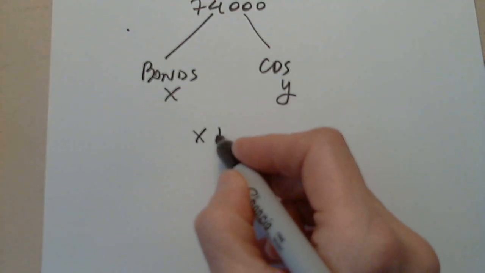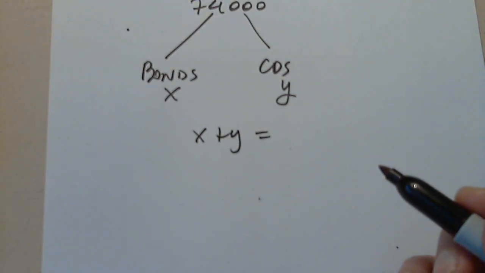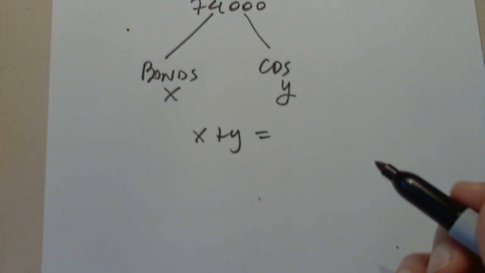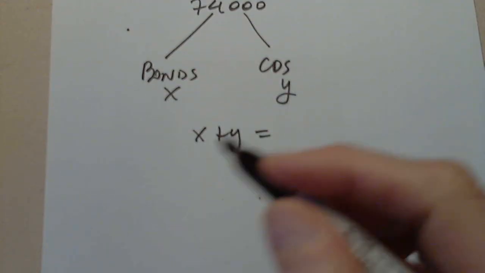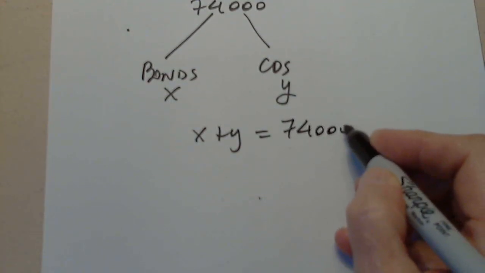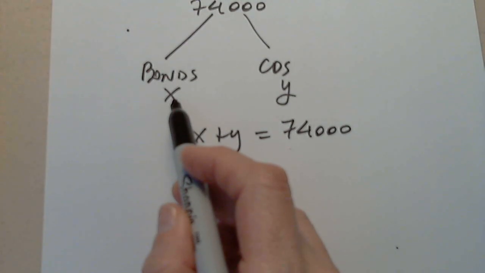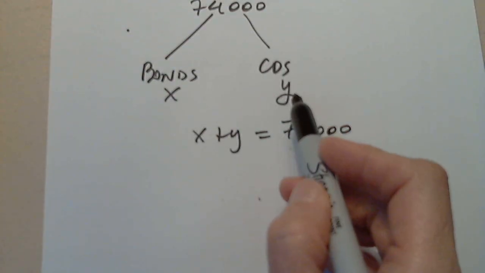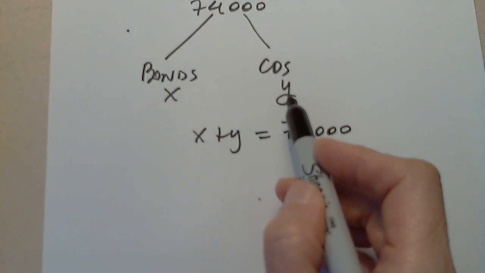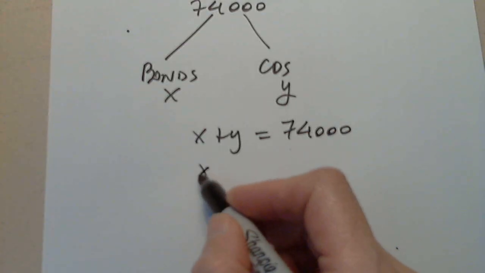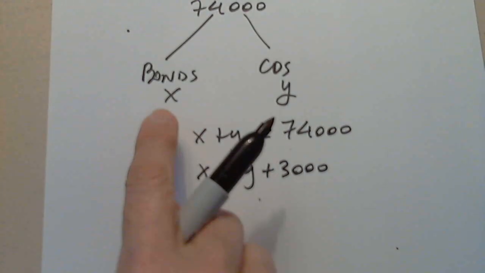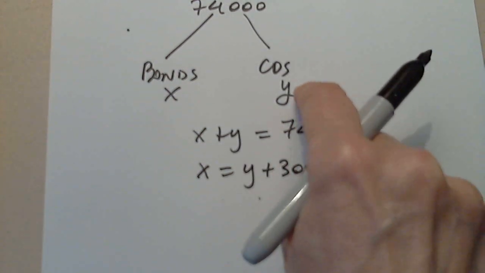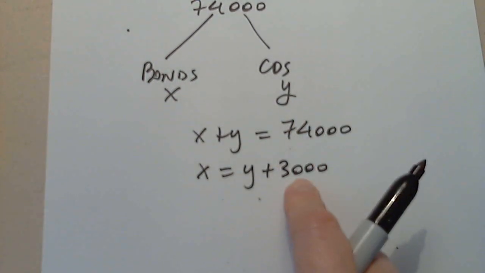So we know that X plus Y must equal how much? 74,000. And we are told that X is Y plus 3,000. X exceeds the money in Y by 3,000.